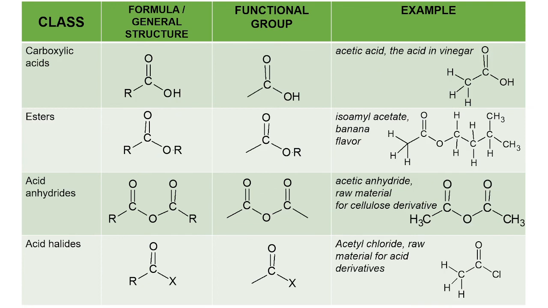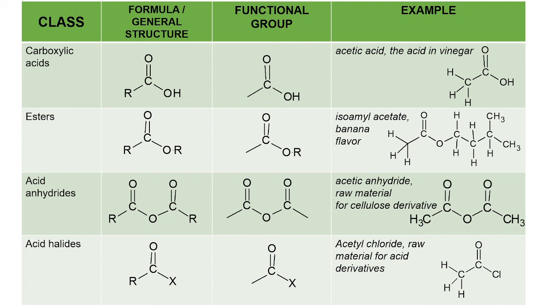And we have here the carboxylic acids. Same system as how we have discussed the earlier functional groups. For the carboxylic acid, we have here the acetic acid, which is actually the acid in vinegar.